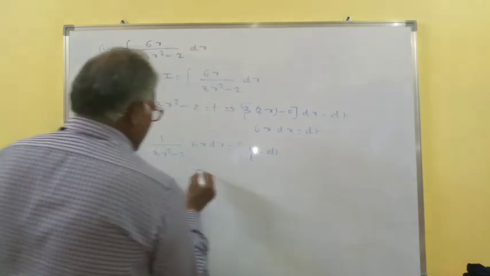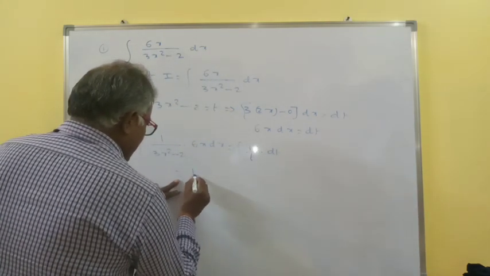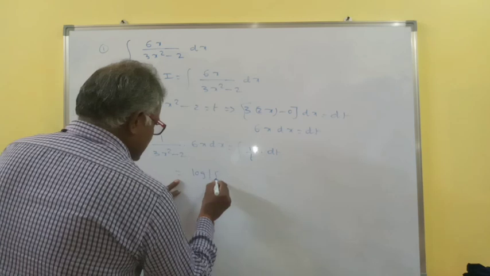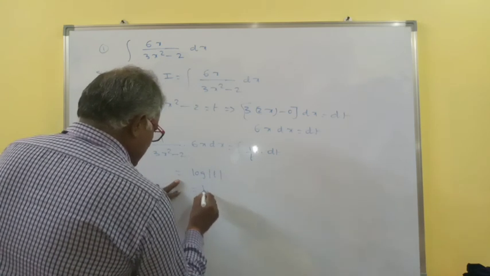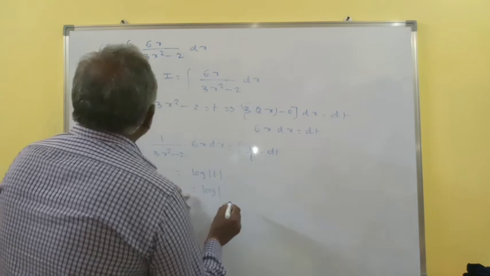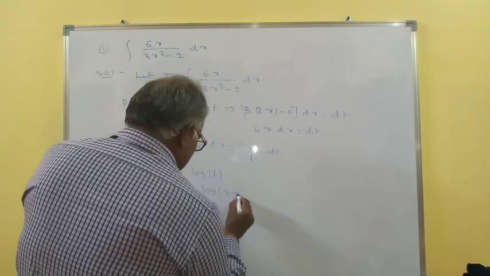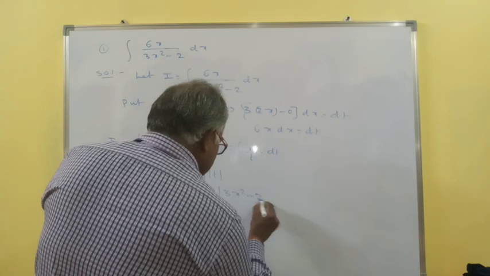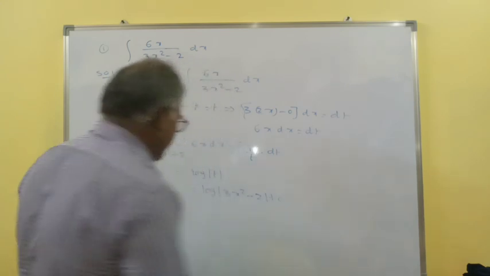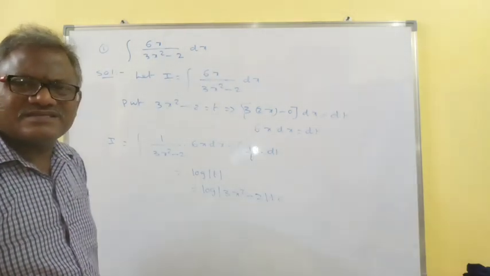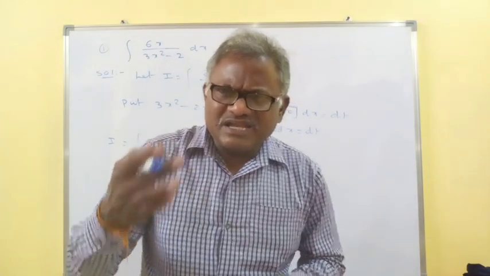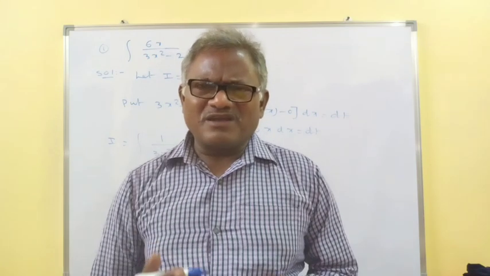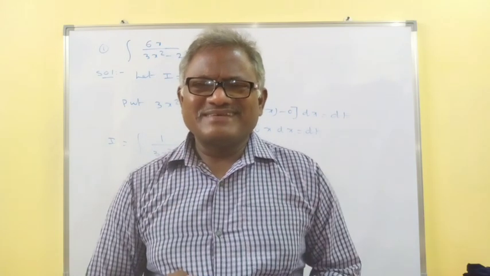That's all. So 1 by t, integral value log of modulus t. So the answer is log of t, meaning log of 3x square minus 2, plus c. Here is the answer for this one. So if a student is unable to memorize all these formulas, just go to the procedure.